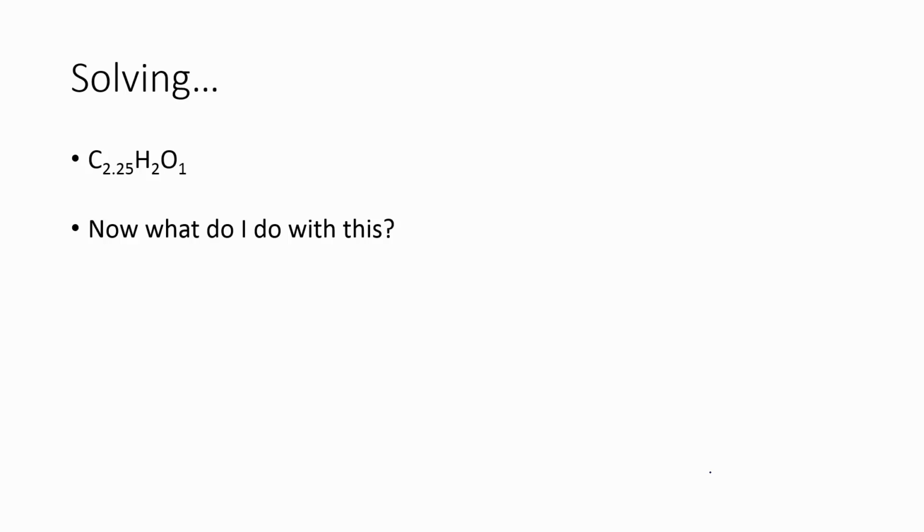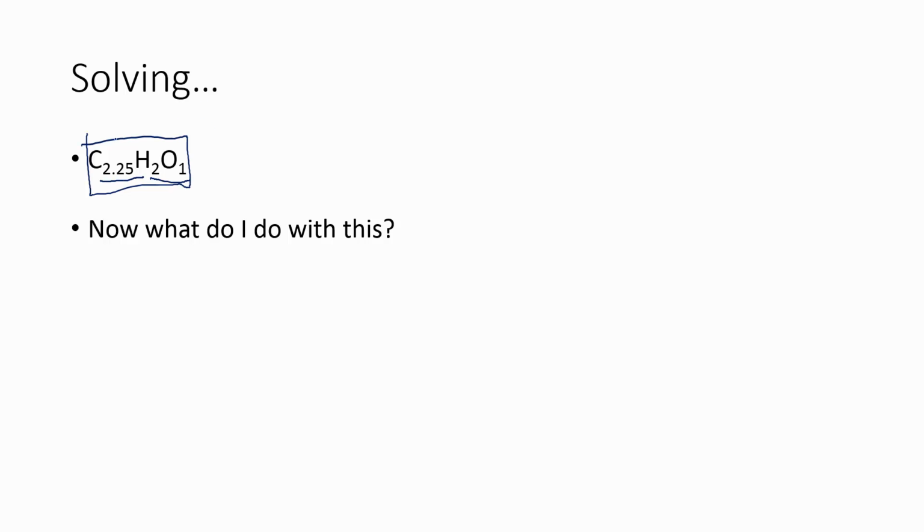Alright, what do we do with this? We really can't say that experimentally 2.25 is just close enough to 2 and be happy with it. So instead we're going to have to multiply up instead of divide down to get whole number ratios. How can I get to a whole number ratio? Well, 0.25 is basically a quarter, a fourth.